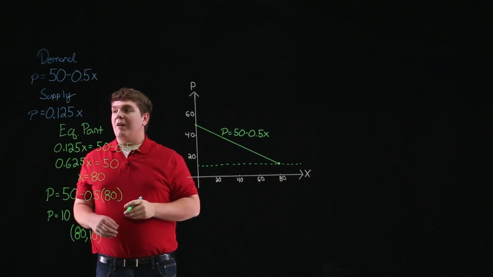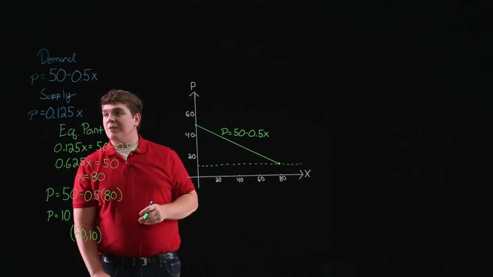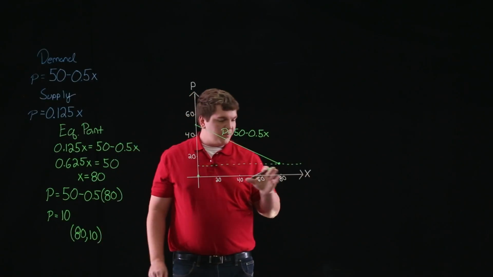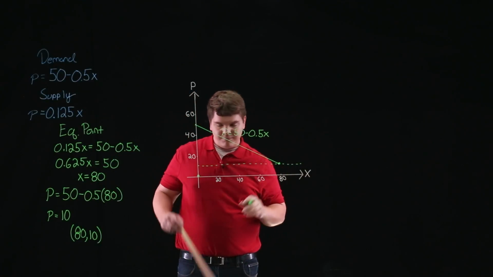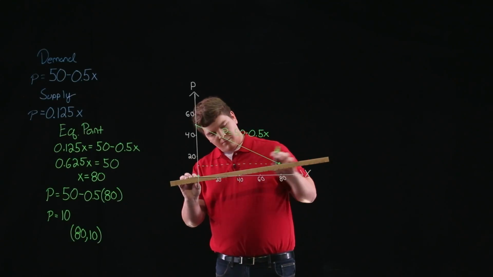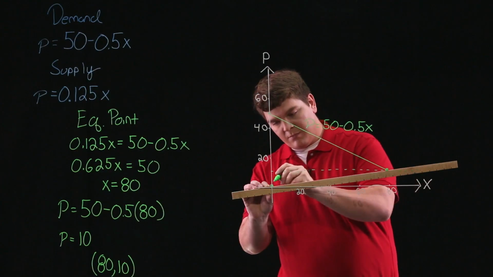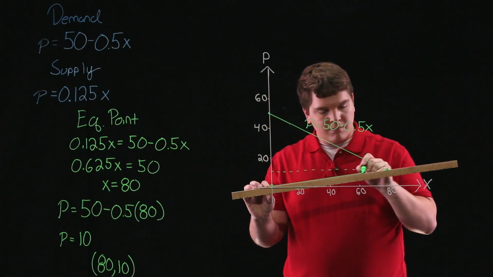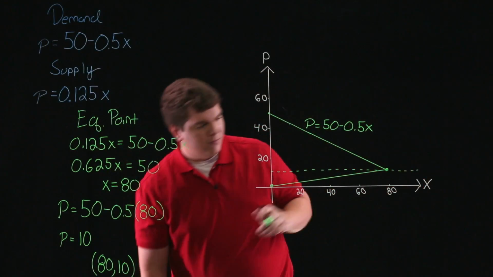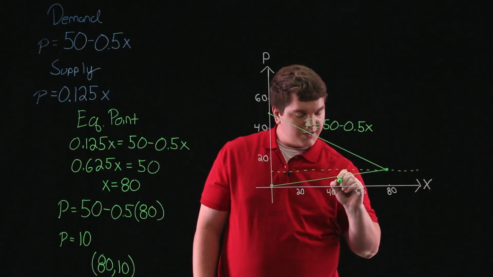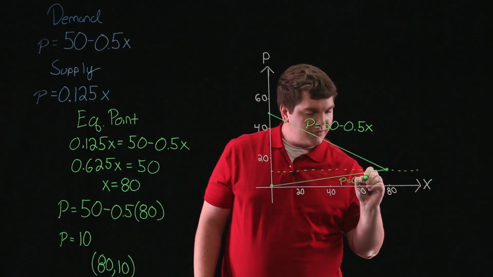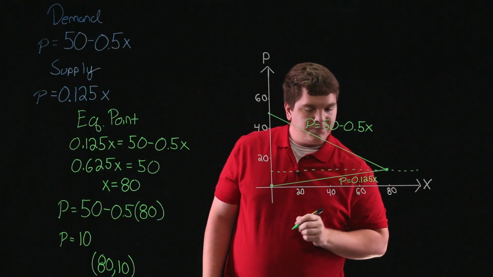Next, we'll graph our supply line, which is P equals 0.125x. This line passes through the origin, as well as our point (80, 10). So as I said, this is our line P equals 0.125x.